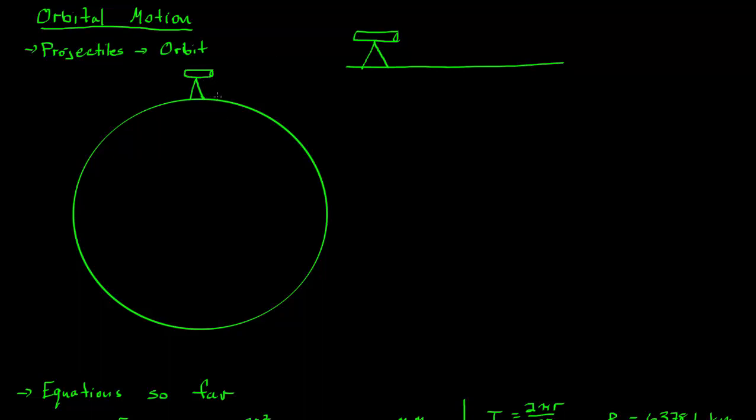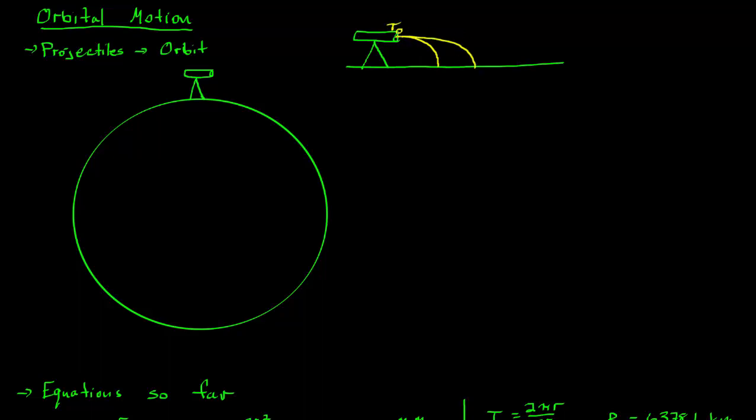But I'm going to go back over something that they talked about in the video, because this is one way of understanding why in a circular orbit you feel weightless. Going back to projectile motion, for horizontal projectiles, the range of the projectile was determined strictly by the initial velocity, v naught.